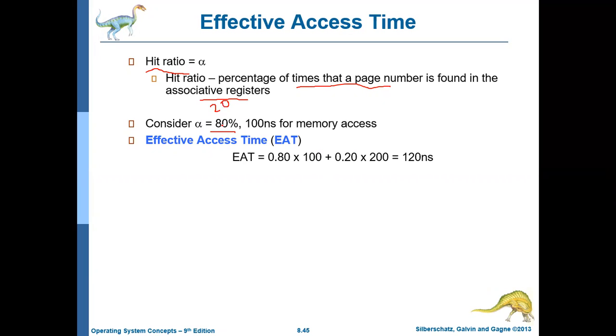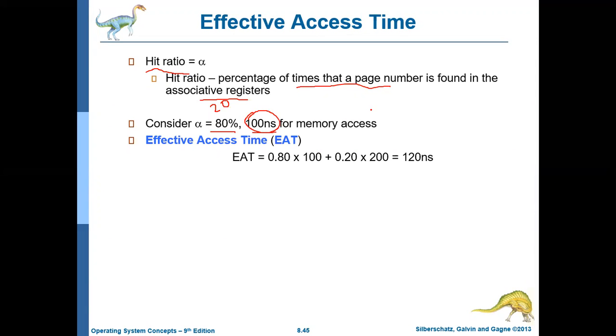If it is available in the TLB, then to access the memory, say we need 100 nanoseconds. You already have the page number and the frame number, so just convert it to a physical address and access directly. So you need only 100 nanoseconds if it is a hit.